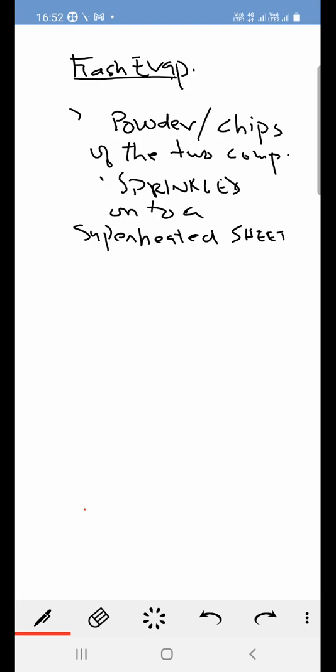The basic thing is sprinkling, and there is a superheated sheet, and it is done so that the complete evaporation of the components takes place.